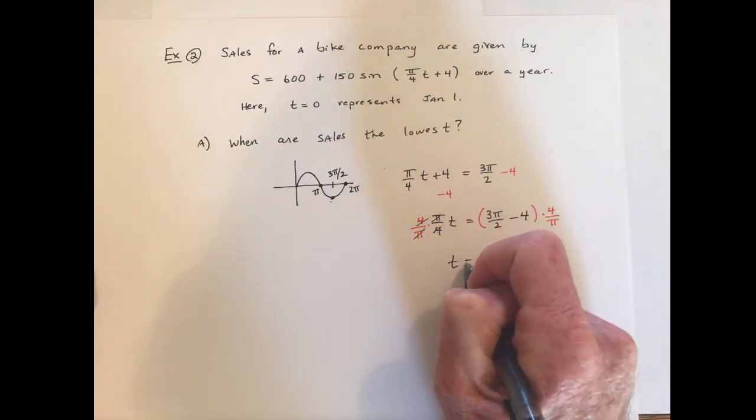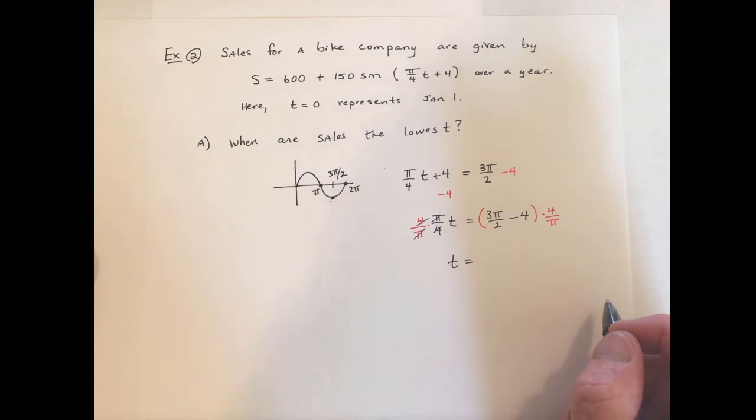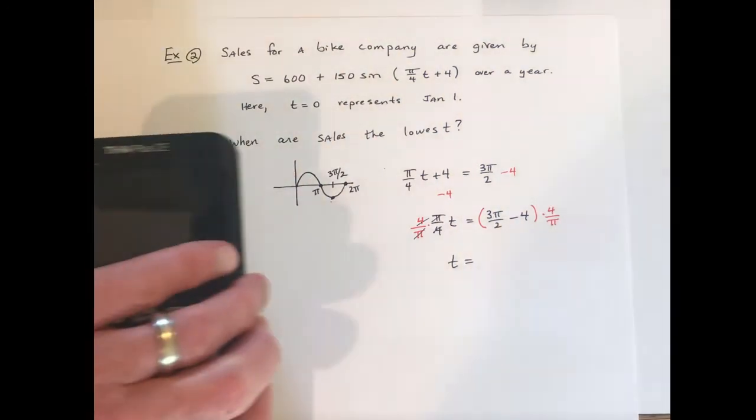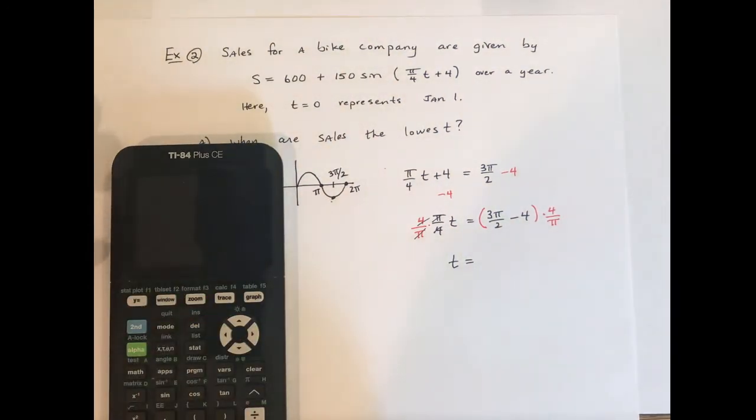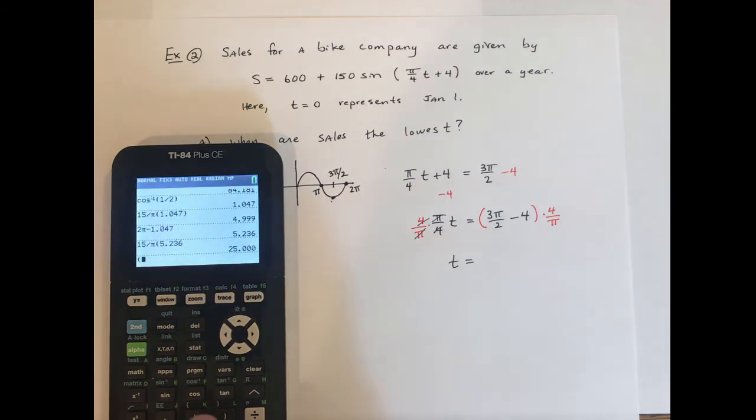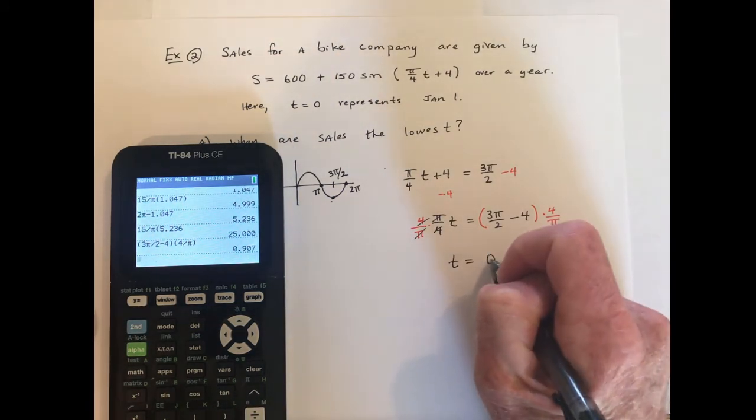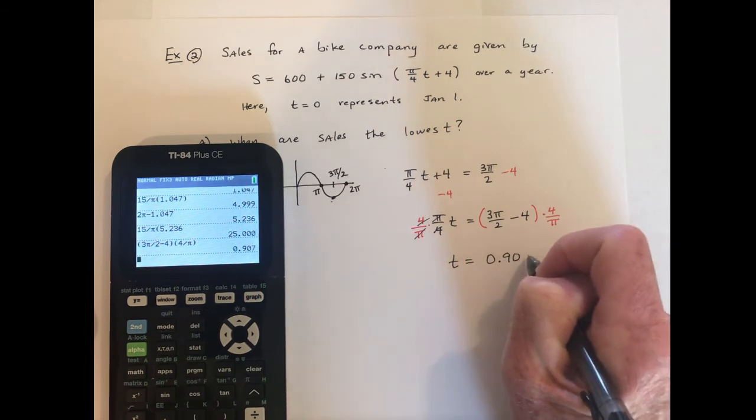So we just get t equals, and then how much is that? So we've got parentheses, 3 pi divided by 2 minus a 4 gets multiplied with 4 divided by pi, and that would equal 0.907.